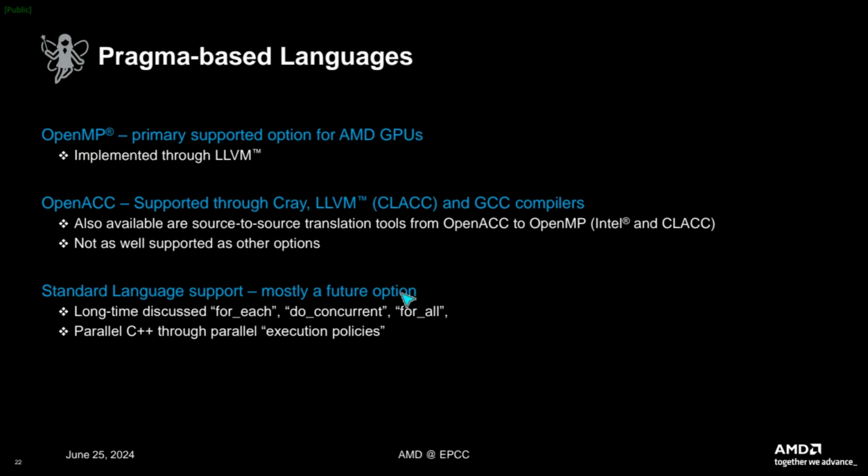So this has been discussed for 30 years, that we could just have a different keyword on a loop specifying that you could do this in parallel, for each, do concurrent, etc. And AMD has just released a version of their compiler that supports parallel C++ that meets the C++ standard, and does GPU offloading by specifying execution policies.